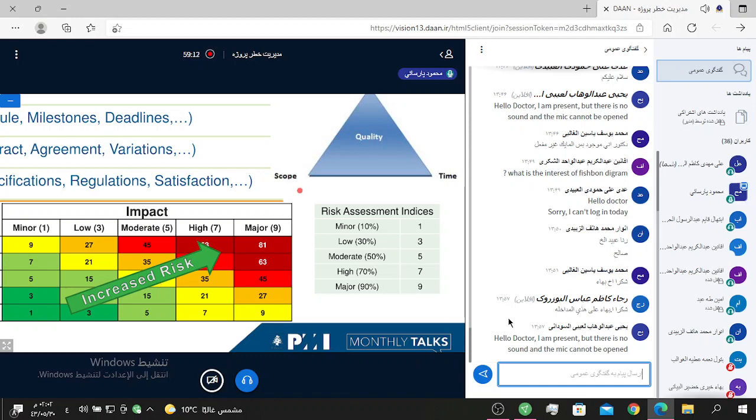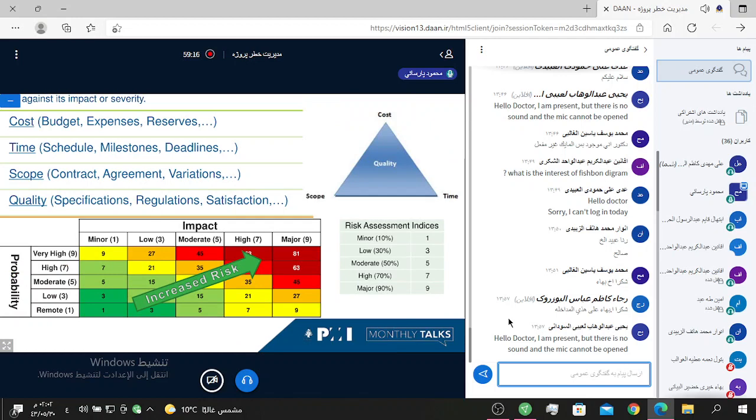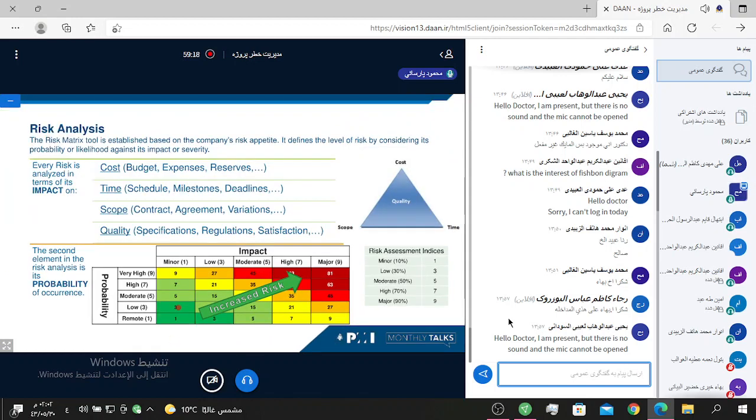This is the internal standard, and we know that internal standard about impact or effect and probability in our project about the risk. We discussed it. It's an example.